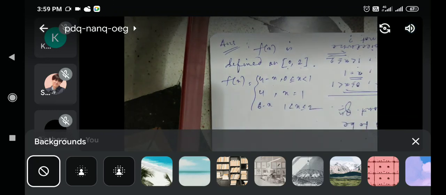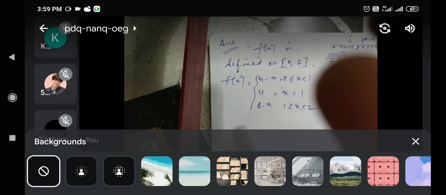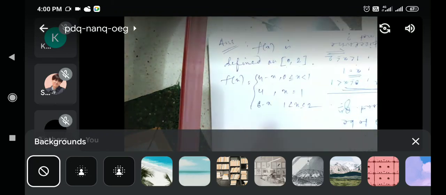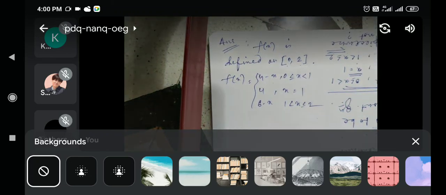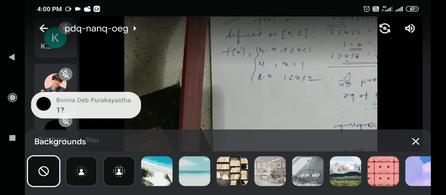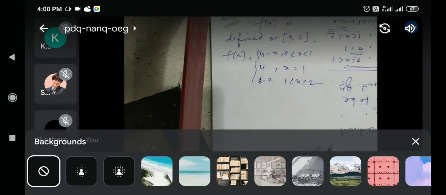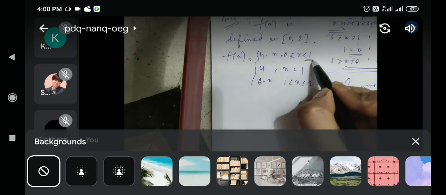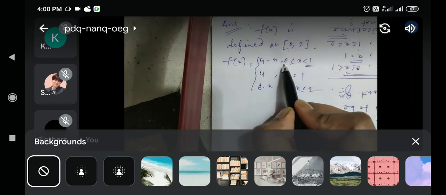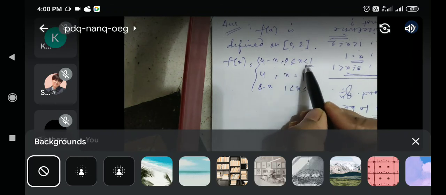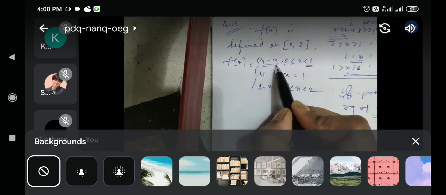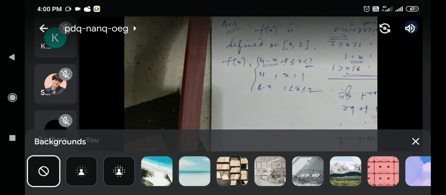That was our f of x. Yes, 1 is correct. The rule to check the possible point of discontinuity is to check the breaking point. Starting from 0 and less than 1, the function is taking the same value, so there is no chance of discontinuity.